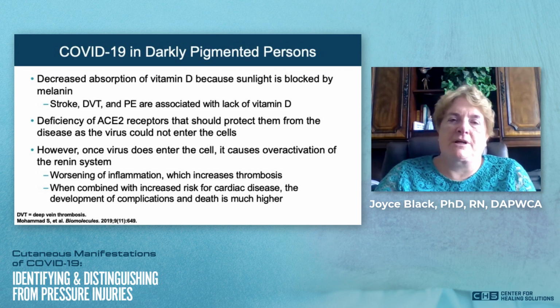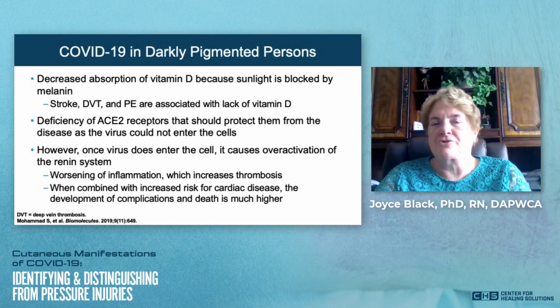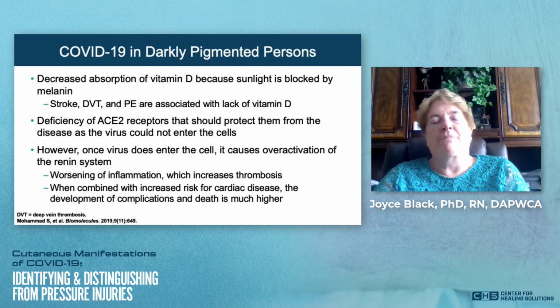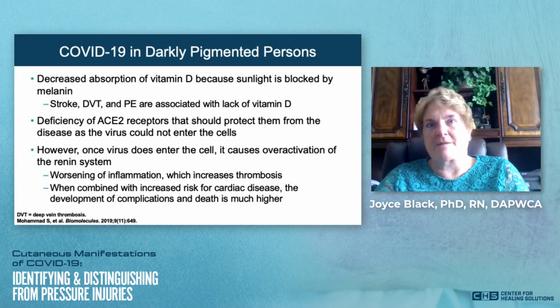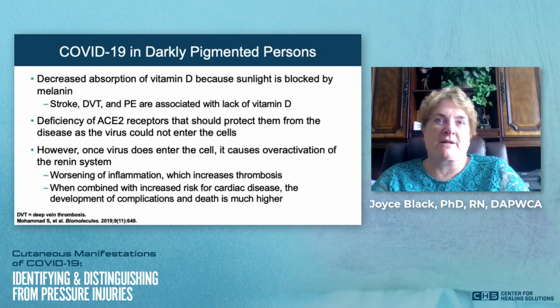Now, don't read me wrong, I don't think there isn't a socioeconomic issue in this story. But what you've heard has been highly politicized, and you will admit that. You hear a lot of politicizing about an ineffective healthcare system for people that are darkly pigmented or of lower socioeconomic status.